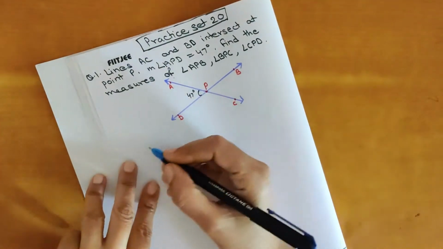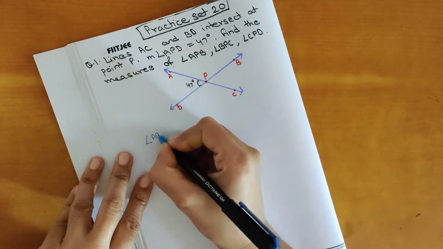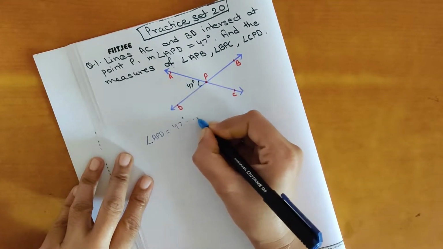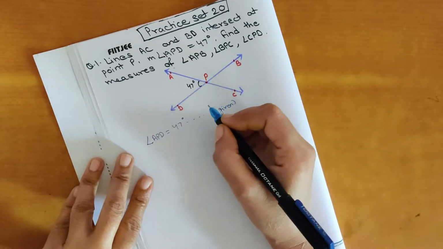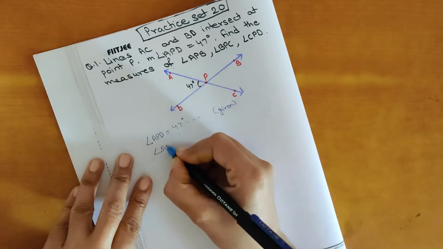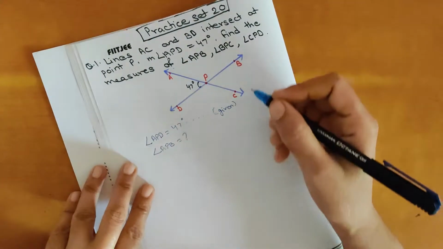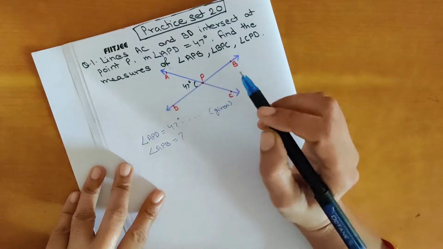So here what is given? Angle APD is equal to 47 degrees. It is given. And what do we have to find? Angle APB we have to find out. So see, this angle is given and this angle APB we have to find out.